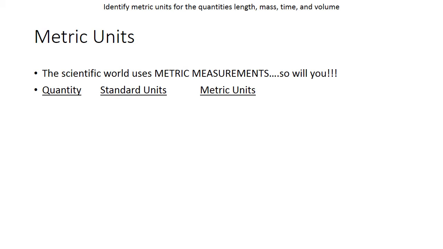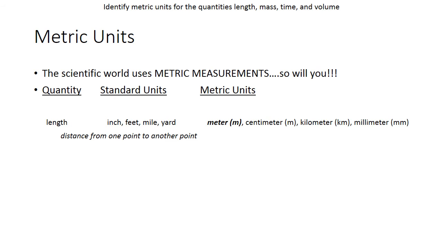So in your notes, go ahead and make a table like you see there with 3 columns: quantity, standard units, and metric units. Okay, so for the first one here, we have length. Length is just the distance from one point to another point. That's all it is. Some standard units that many of you are probably very familiar with will be things like inches, feet, miles, yards. Those are standard units of length.